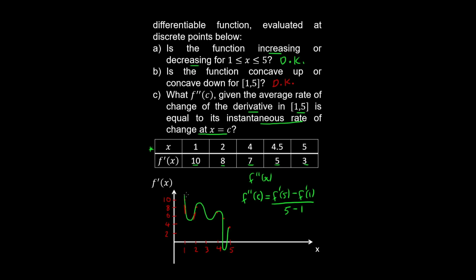So that gives us the slope of the secant of the derivative over the interval. So if we substitute f dash of 5, we get 3 minus f dash of 1 over 5 minus 1. And that gives minus 7 on 4.